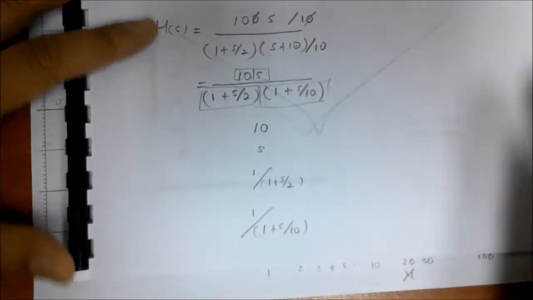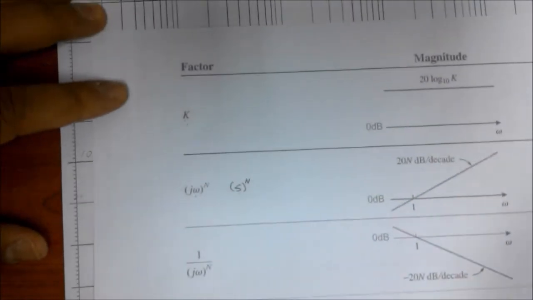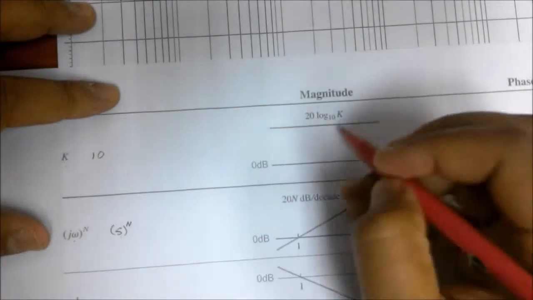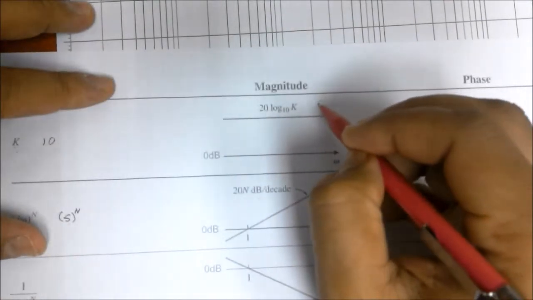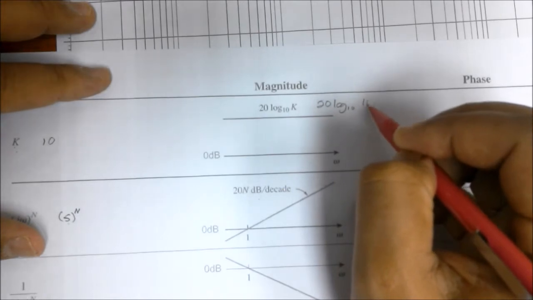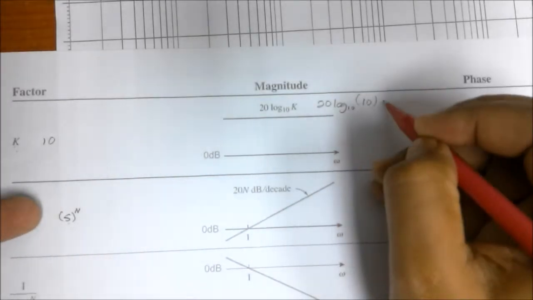Let's draw all these 4 factors. The first one is 10, so just replace k with 10. So we get 20 log 10 of 10. If you look at the calculator, the value is 20.